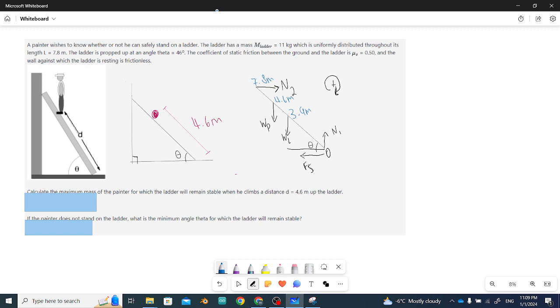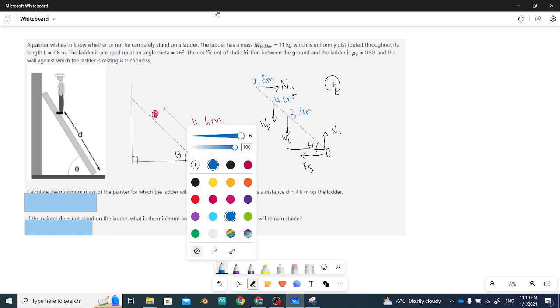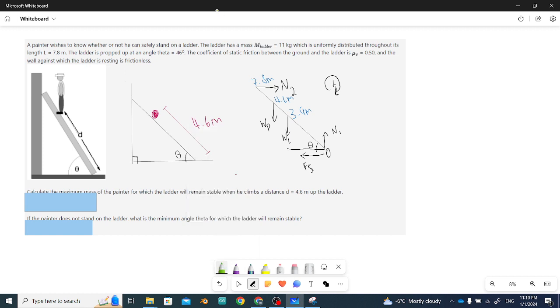Now, to simplify our lives, I'm also going to draw the angles. Since theta is 46 degrees, as they gave us, if we imagine a right triangle here, this angle up here would be 90 minus 46, which is 44.